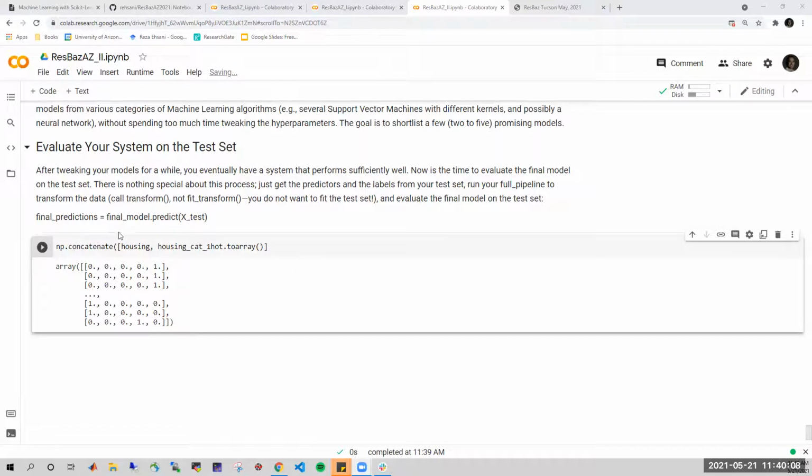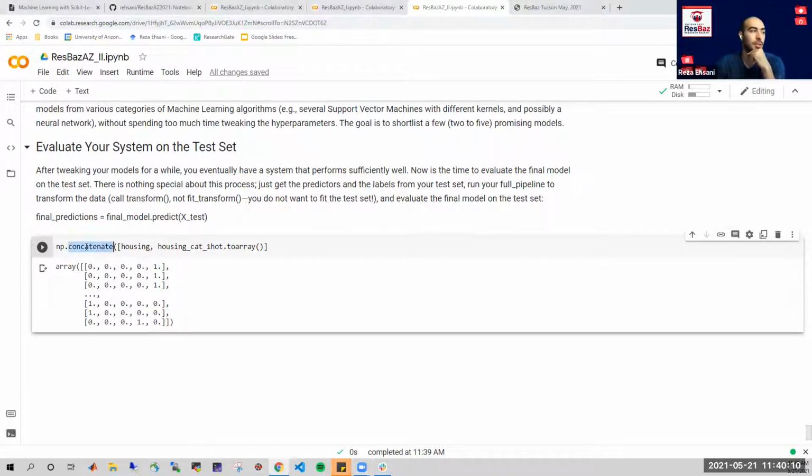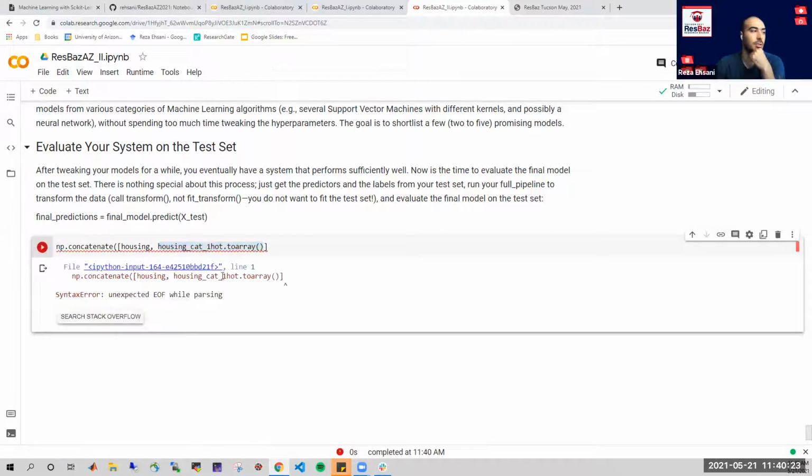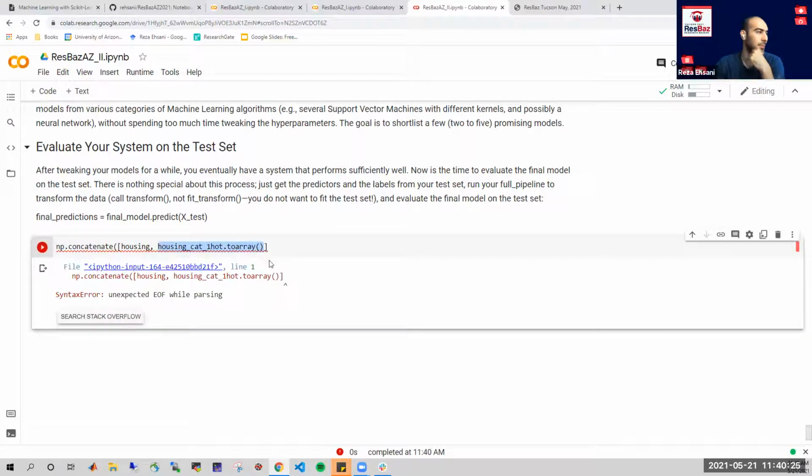Yes. Okay, so what we need to do is to use the concatenate method from NumPy. Also, pandas have a similar thing, and you pass your housing and also the one hot encoded value. And if you call it, I haven't closed it.